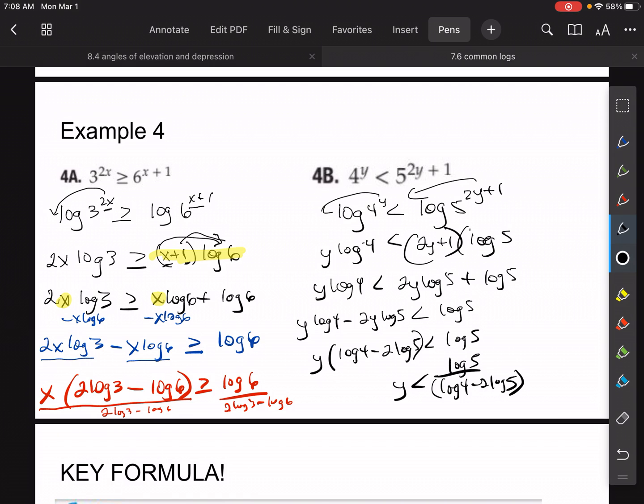And when you do this, you should be getting the y value.